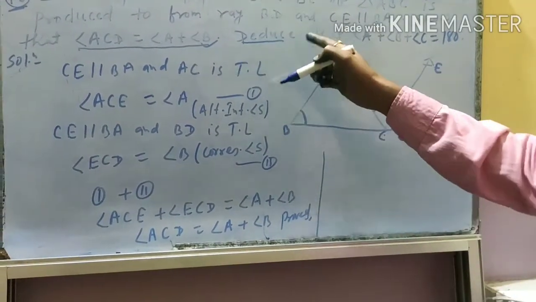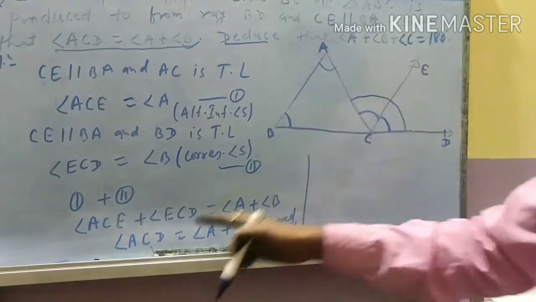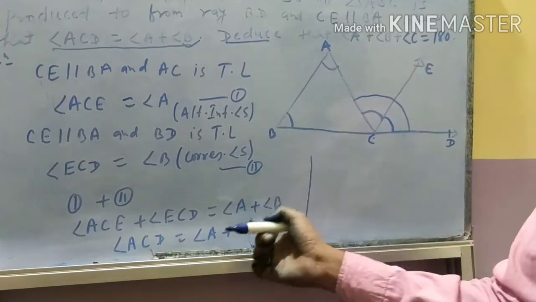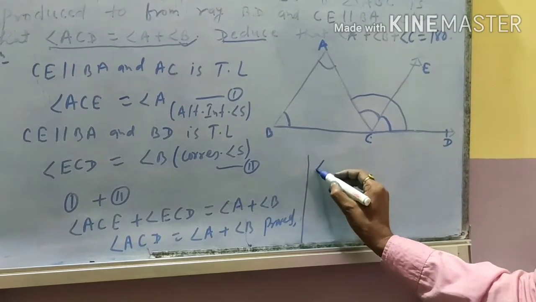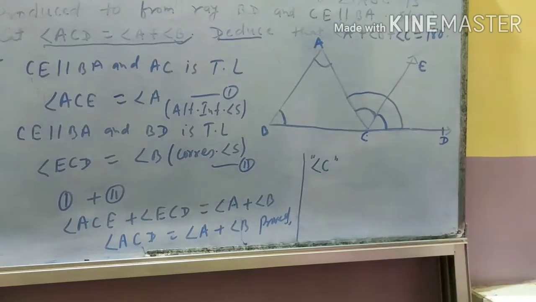The second one is to deduce that angle A plus angle B plus angle C is equal to 180 degrees. Here student, angle A plus angle B is given. That means adding angle C on both sides.